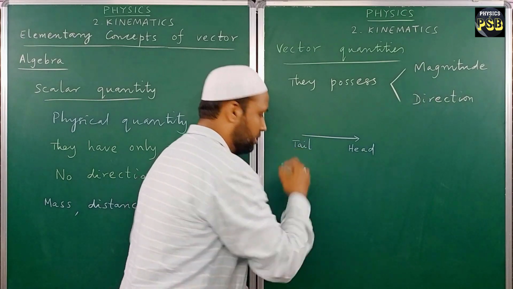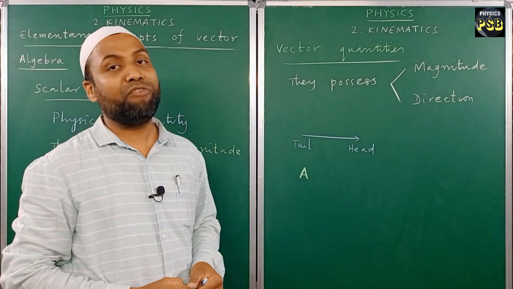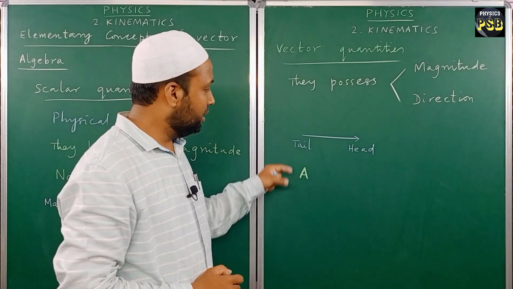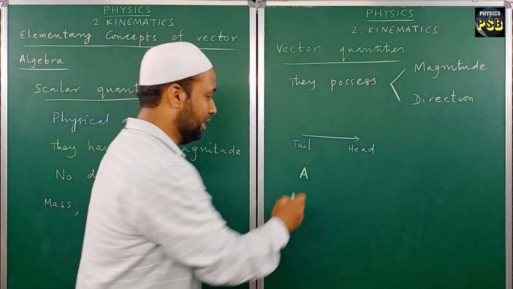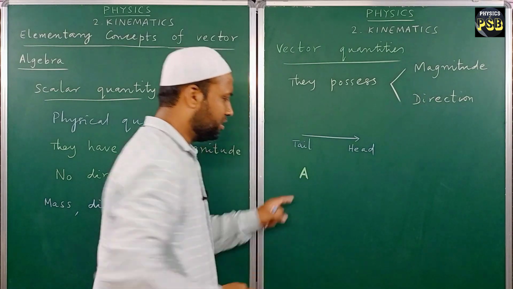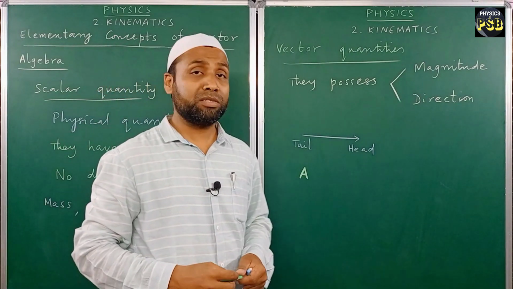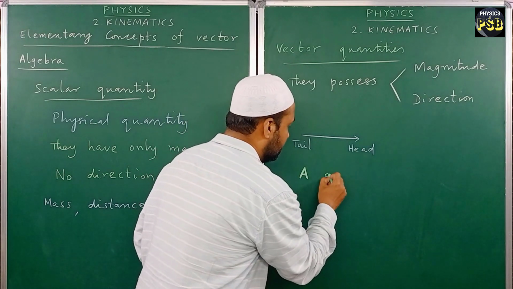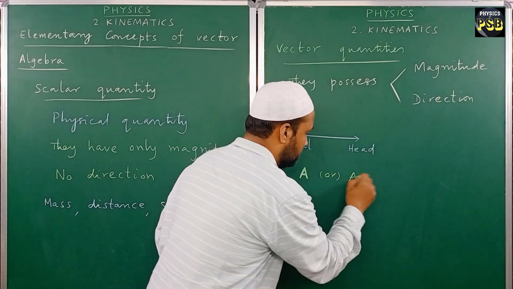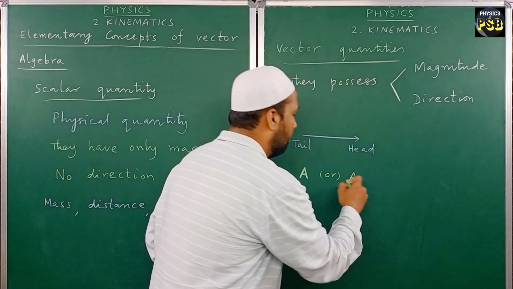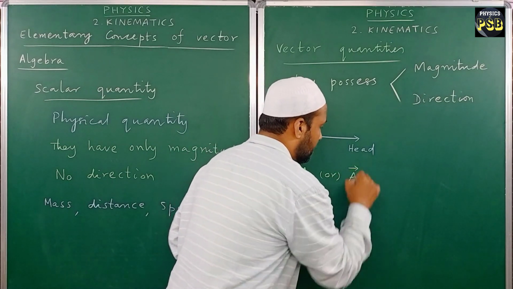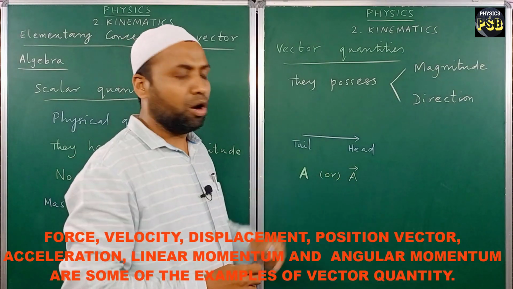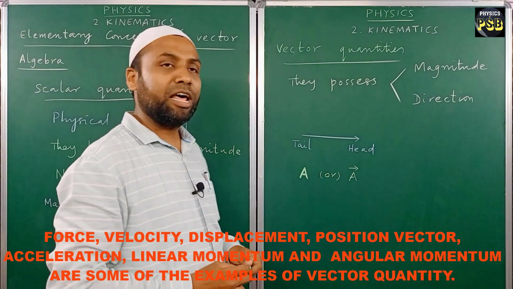Suppose I take A as a vector quantity, then I will represent that vector quantity by a bold letter, something like this. But this one is a very old method. Nowadays, it is represented in this manner. So suppose A is a vector quantity. Now above this you will find an arrowhead. So this is the symbol of a vector quantity.